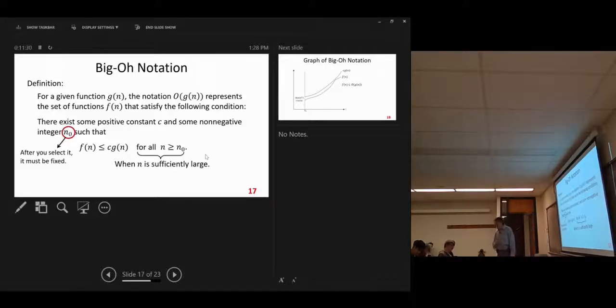So why do we have this n0 in our big O notation? The reason is very simple. Let me explain why we have this sufficiently large condition.